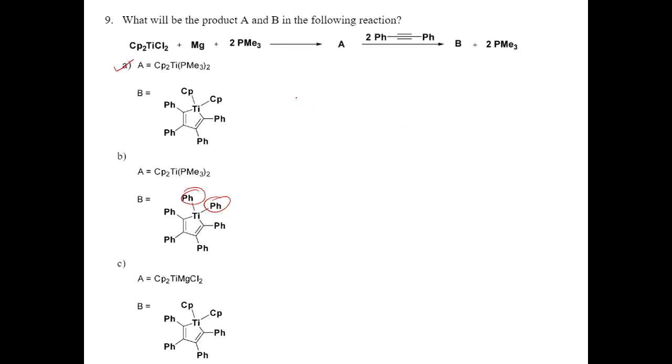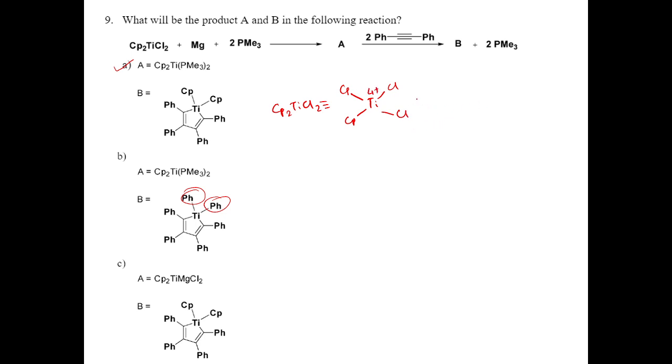So what is happening? I am telling you. Cp2TiCl2, if you write down the structure, Cp2TiCl2, it is also a +4 state.